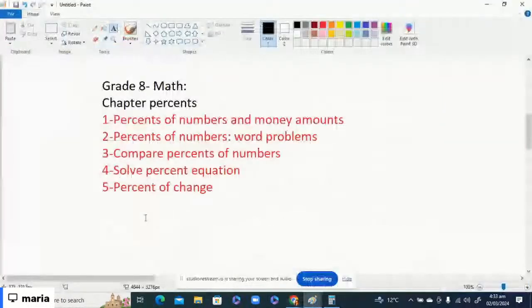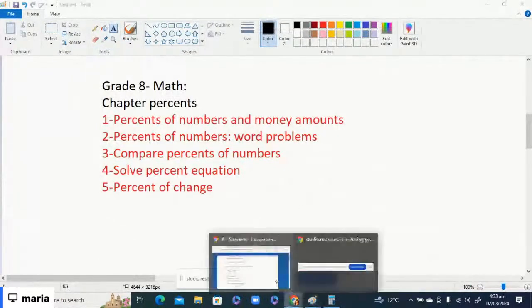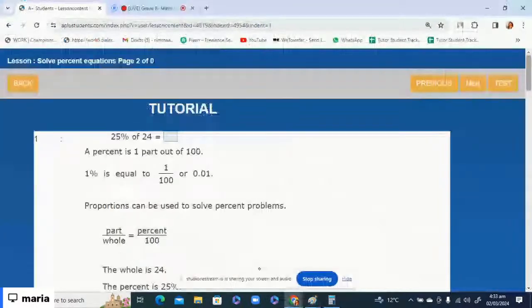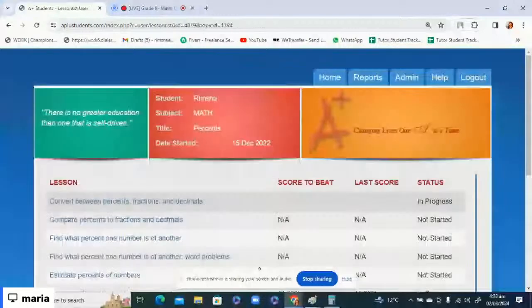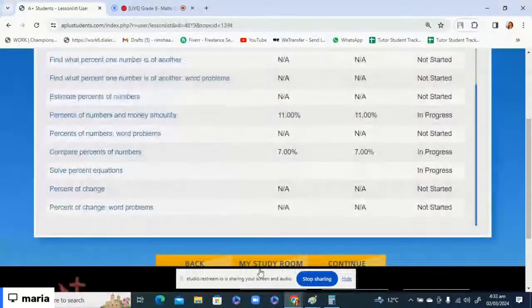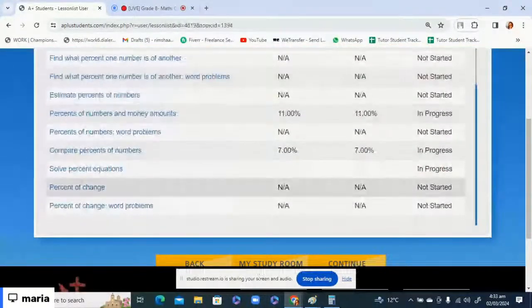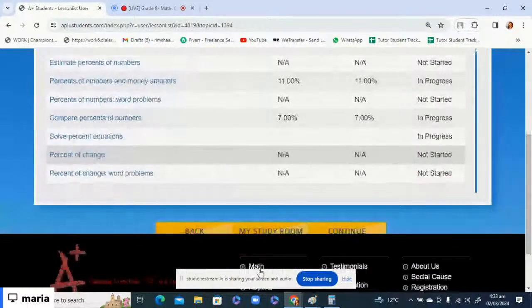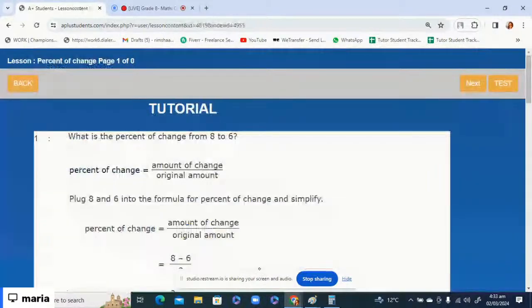Now let's discuss the last one, percent of change. This is the last lesson. So I'm going to open it. Yes, this one. Percent of change we will cover. Okay. So what is the percent of change from 8 to 6?